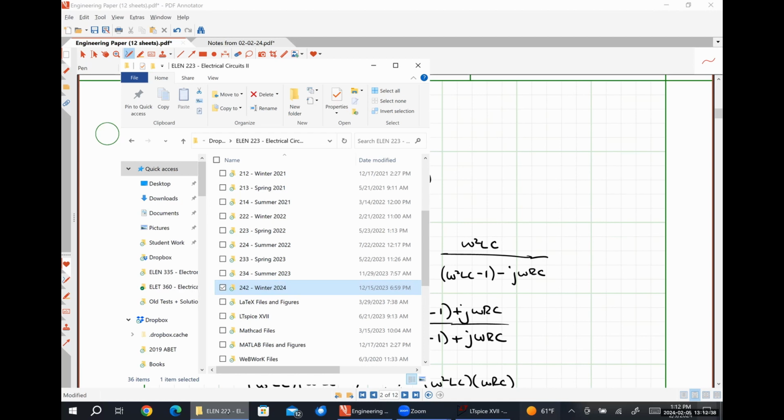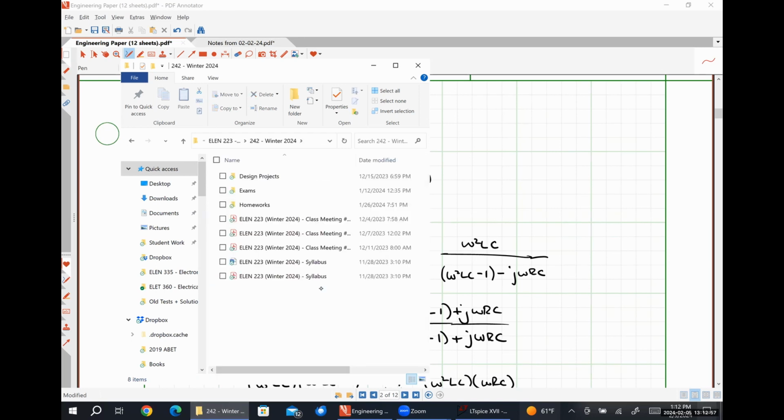Where did I lose my mouse? Open the folder, stop trying to rename it, you piece of shit.